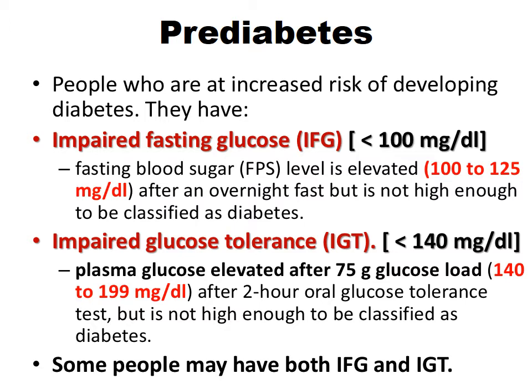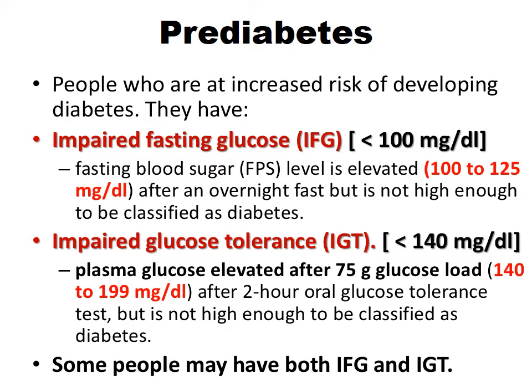This test is done after an overnight fast. They also have an impaired glucose tolerance test, where normally it should be less than 150 milligram per deciliter. In these people, the plasma glucose level after a 75 gram glucose load, at the 2 hour oral glucose tolerance test, will be between 140 to 199 milligram per deciliter.